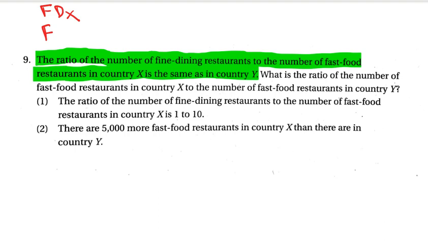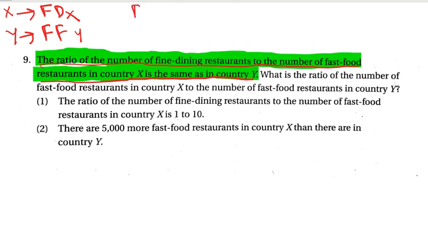fast food, just hold on, so let me click on this, yeah. So fast food of Y is denoted at this. So this is for the X country, this is for the Y country. Alright, so it says that the ratio of the number of fine dining restaurants to the number of fast food restaurants in the country X is same as in the country Y. So ratio of fine dining restaurant to the ratio of fast food restaurants.